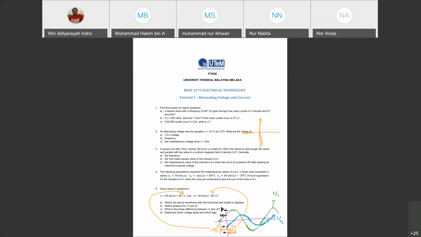So for V1, I use green. V1, 45 degree. This is V1 equal to 80.